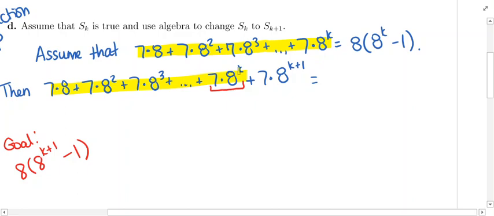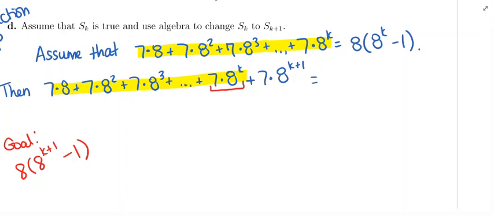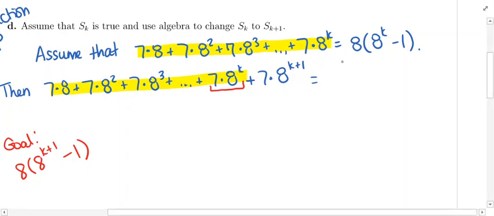Okay, so the stuff in yellow matches, and we know by assumption that the stuff in yellow is equal to 8 times 8 to the k minus 1. Okay, so I'm going to write that down. The stuff that I just highlighted in yellow is the same thing as 8 times 8 to the k minus 1. Okay, so the yellow stuff matches up, but then I have a plus 7 times 8 to the k plus 1 power. Okay, we have used our assumption.